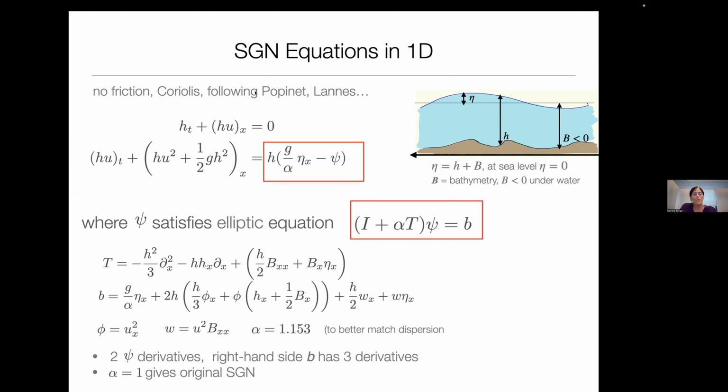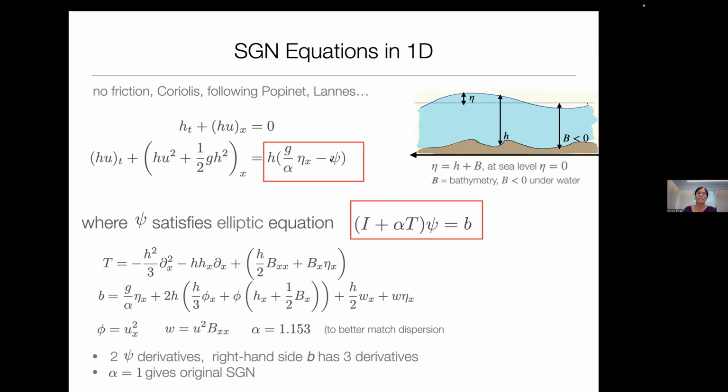Anyhow, we turned to the Serre-Green-Naghdi equations because there's actually some literature on it that we could follow and not get hung up. So here we have the 1D shallow water equations, and we add this term to the right-hand side of the momentum equation. And psi is the unknown variable. These are height, bathymetry, gravity, fairly standard terminology here. Psi is the new thing.